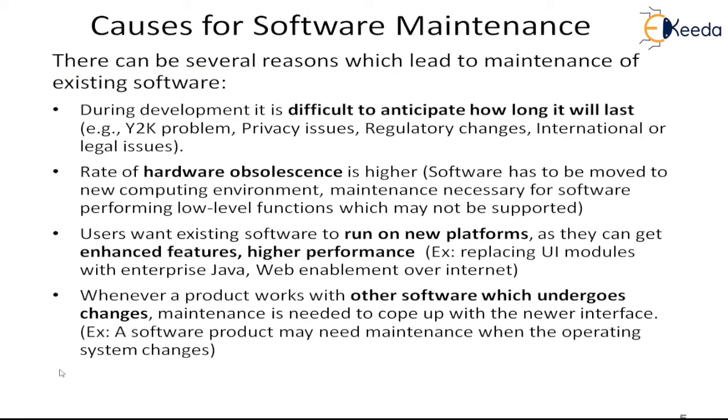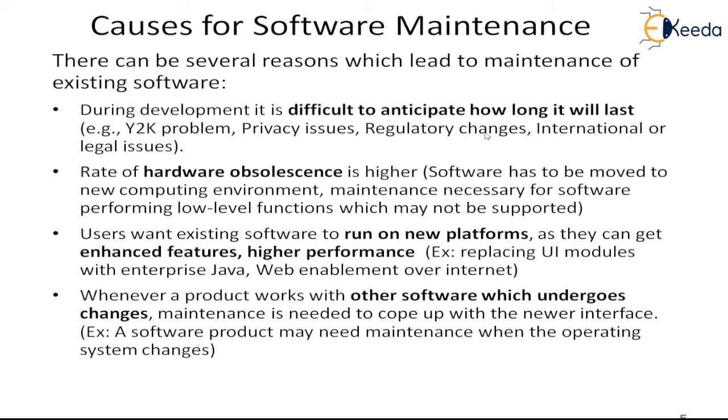So now let's look at what the major causes of software maintenance are. Why exactly do these kinds of things come? We'll see some examples. There can be several reasons which will lead to maintenance of the existing software. For example, we developed by looking at the current requirement, but the software will live for 10 to 15 years.